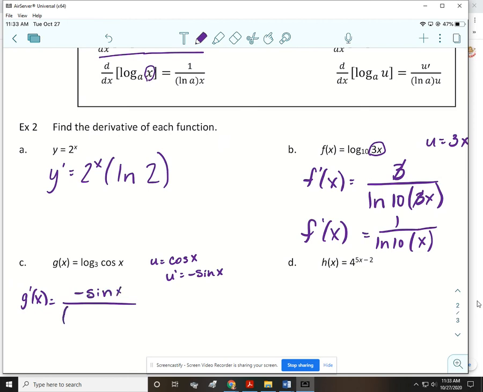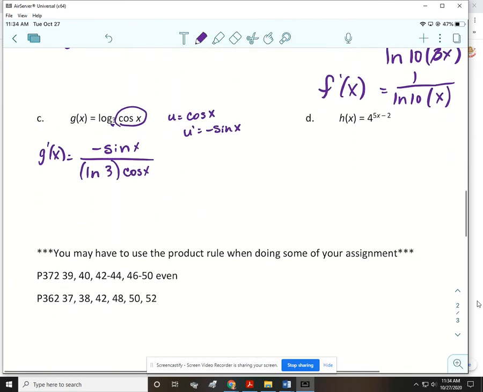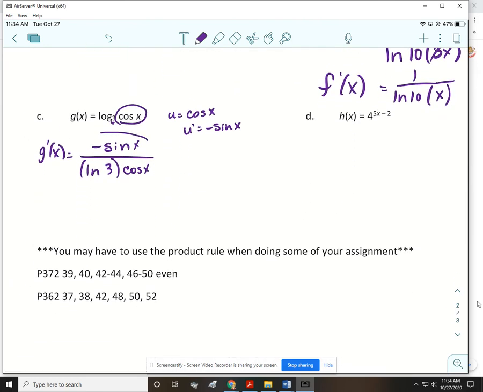Our denominator is the natural log of the base, which is 3, times whatever u was, which is cosine of x. Okay. And we can go back to a pre-calculus rule. Anytime we have sine of x over cosine of x, that's tangent of x. So in this case, it would be negative tangent of x over the natural log of 3.